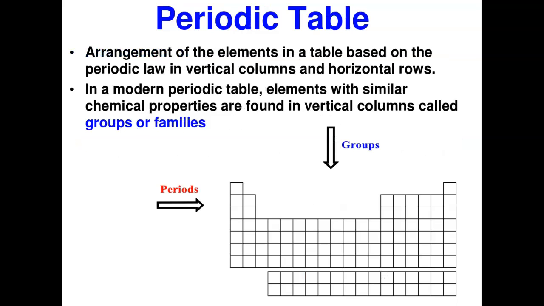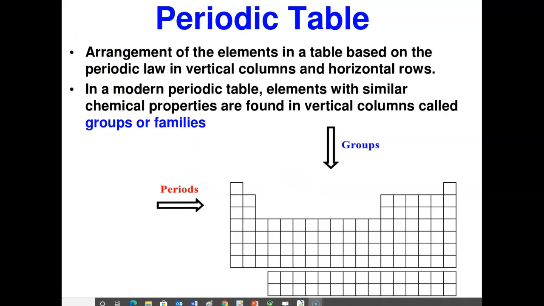So the periodic table itself is arranged, based on the knowledge of this periodic law, in two ways: into vertical columns and into horizontal periods.